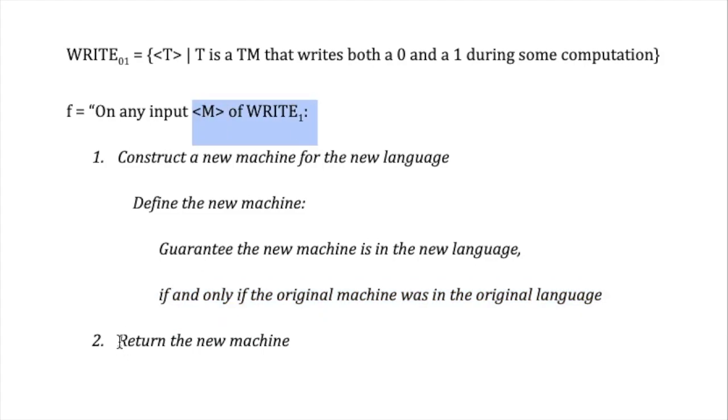And then we return the new machine that we just constructed. And in the context of this problem, this is saying that the new machine, let's call it M01, is only going to print 0 and 1 if and only if M printed 1.